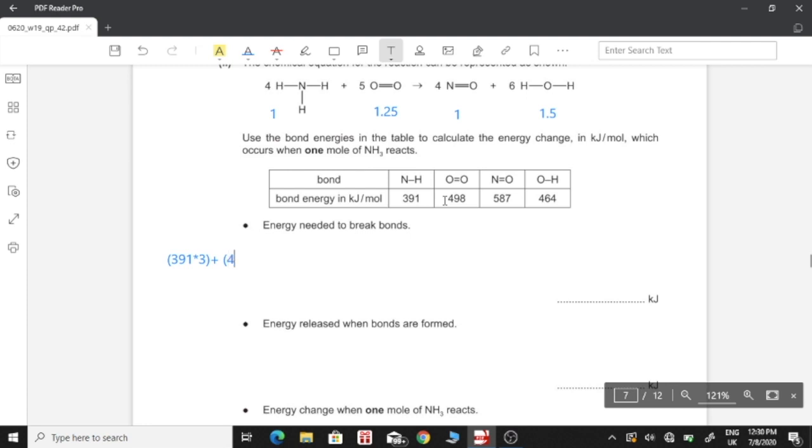498. Right, in this case when there is only 1 mole of ammonia, we have 1.25 moles of oxygen. So we're going to have to multiply this 498 with 1.25.